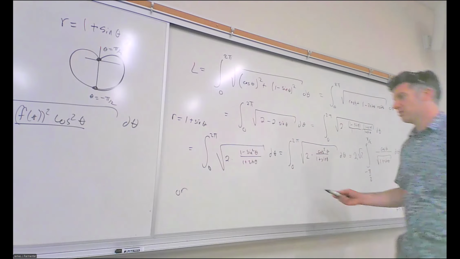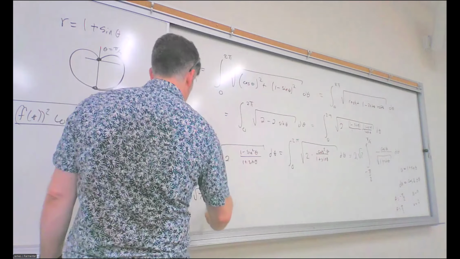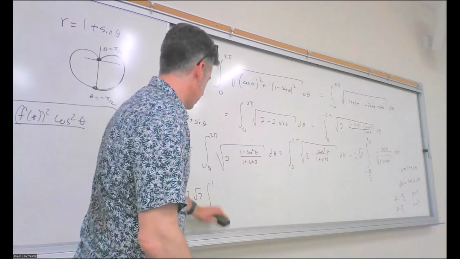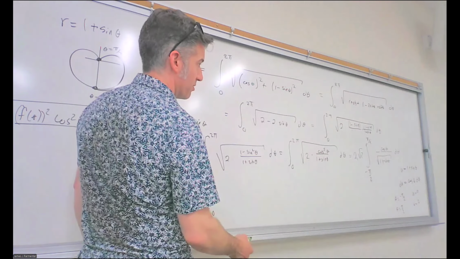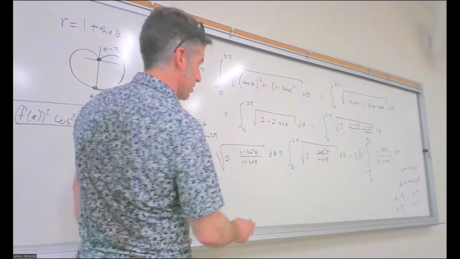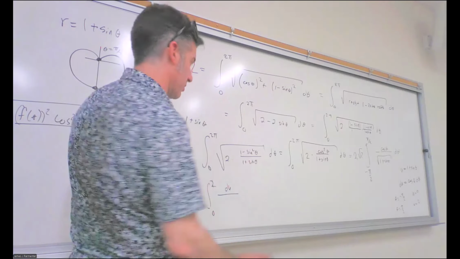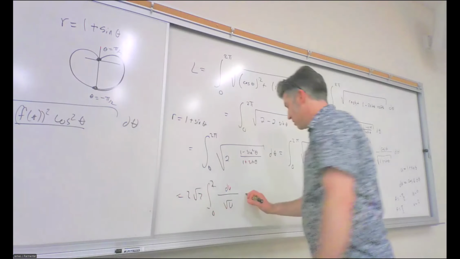So then we are going to get 2 root 2 integral from, sorry, 0 to 2, apologies. And then we have our cosine theta d theta, which is our du over the square root of 1 plus sine theta, which is the square root of u. And we're almost done, finally.